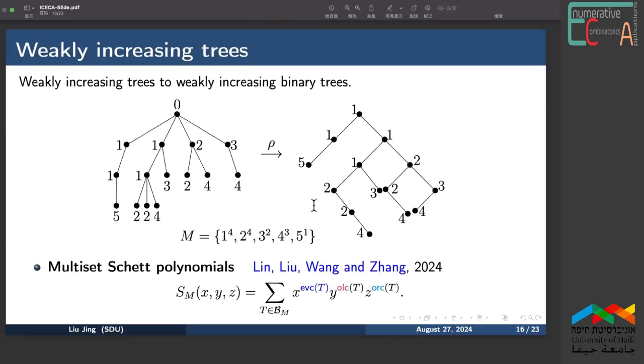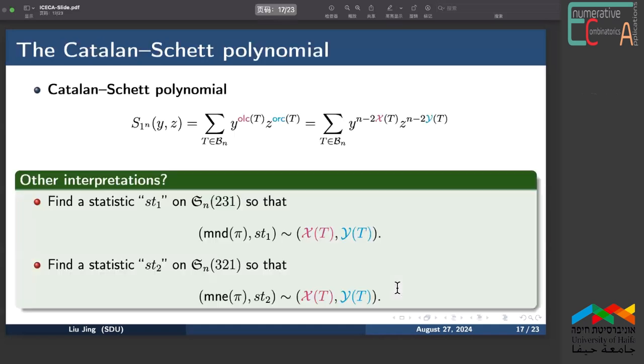They also extended the increasing band trees to weakly increasing band trees on multisets, which are in bijection with weakly increasing trees. In 2024, we proved that multiset polynomials can be interpreted as a generating function for weakly increasing band trees about these three statistics: the number of even chains, odd left chains, and odd right chains.